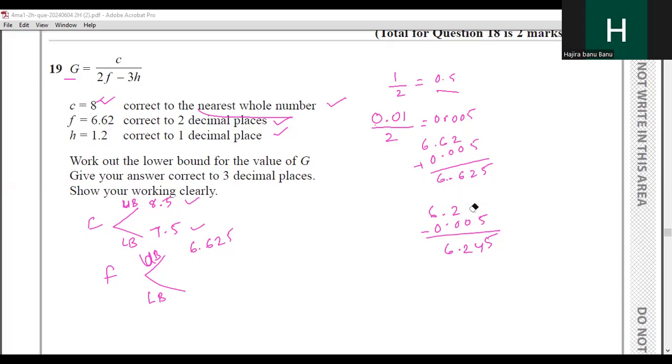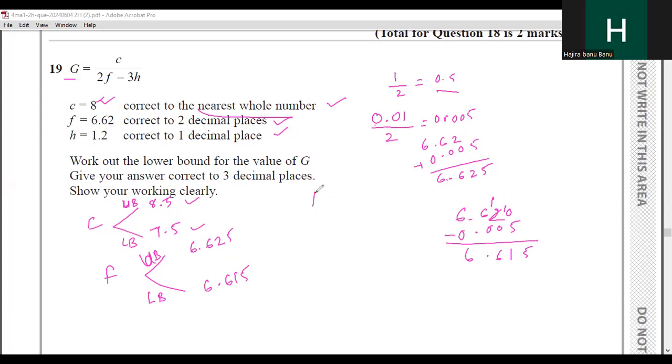Sorry, we have to subtract from the value of F. The value of F is 6.62 and we will be subtracting 0.005 from this. So 5, 0 borrow 1, 10 minus 5 is 5. And here 1 is there, so 1 and 6, so it is 6.615. So the lower bound is 6.615. I hope you understood.